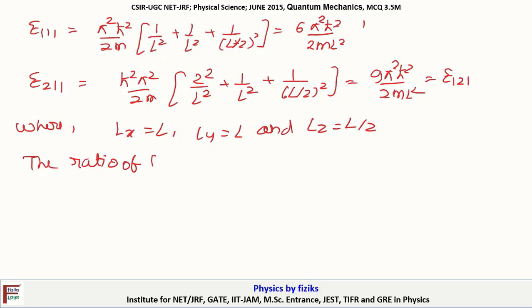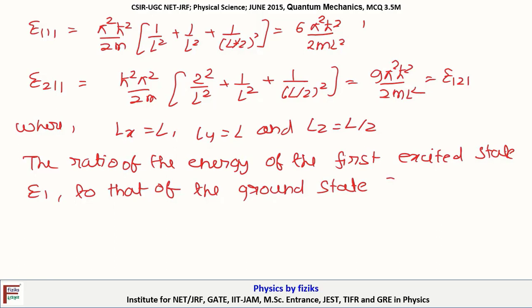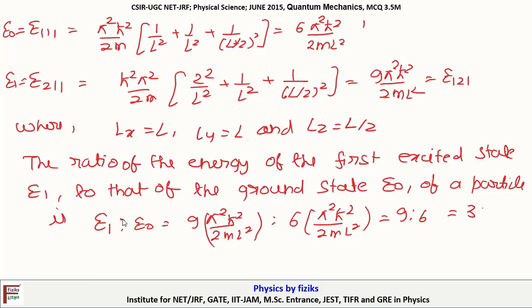The ratio of the energy of the first excited state E1 to that of the ground state E0 of a particle is E1 by E0, which equals 9 pi square h cut square by 2 m L square divided by 6 pi square h cut square by 2 m L square, equals 9 ratio 6, which equals 3 ratio 2.